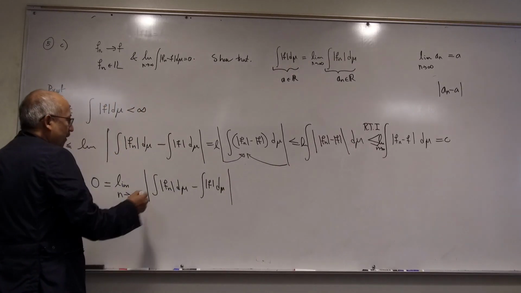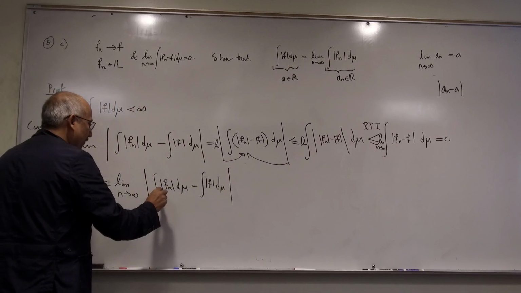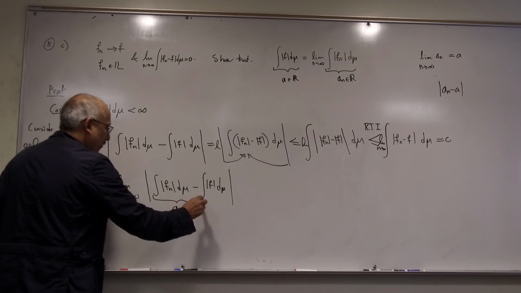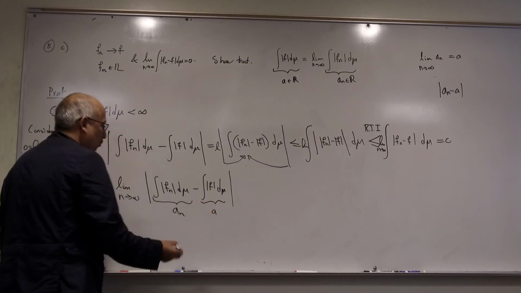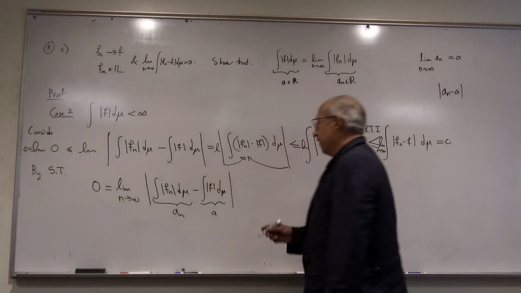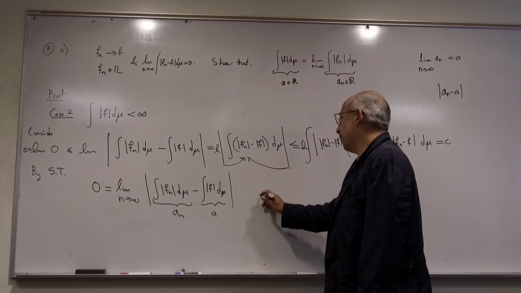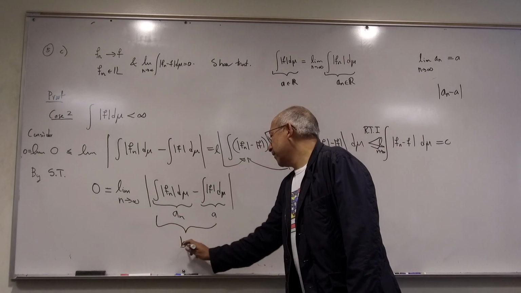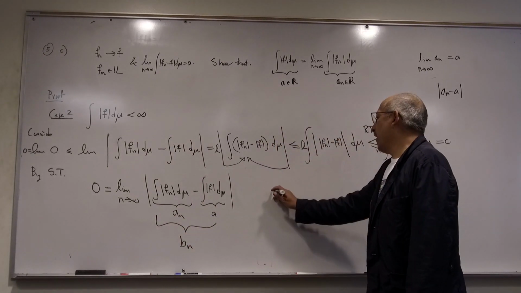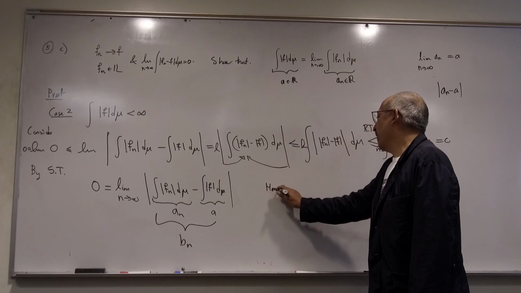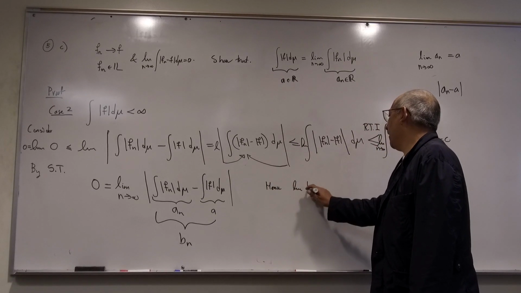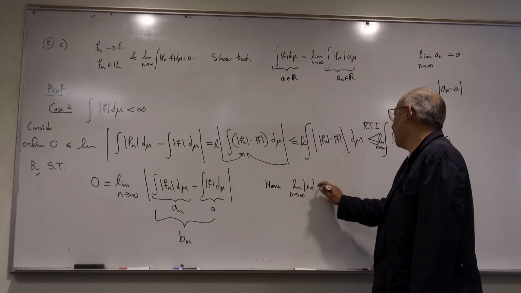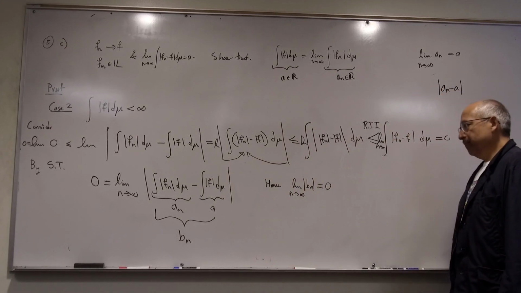How did I call these before? How did I call this integral? a_n. How did I call this? a. So what we proved is that, let's call this b_n, how's that, guys? So we proved that, hence, the limit of the absolute value of b_n is equal to 0, right?